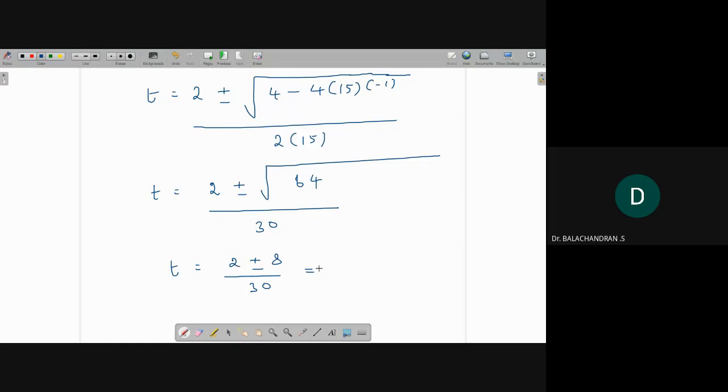So this implies t equal to 2 plus 8 divided by 30 or 2 minus 8 divided by 30. So we'll get t equal to 10 by 30, 10 by 30 is 1 by 3, or minus 6 by 30. Minus 6 by 30 is minus 1 by 5.